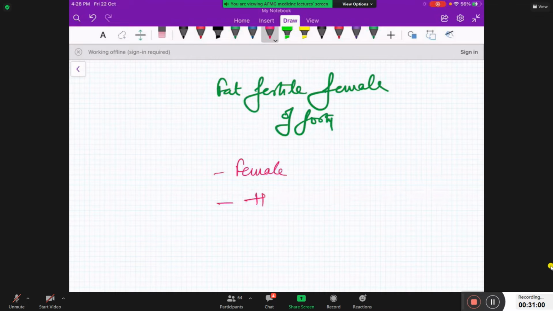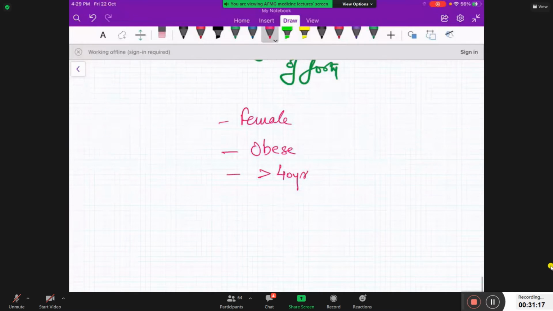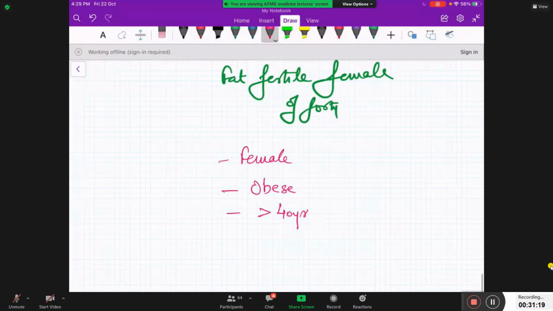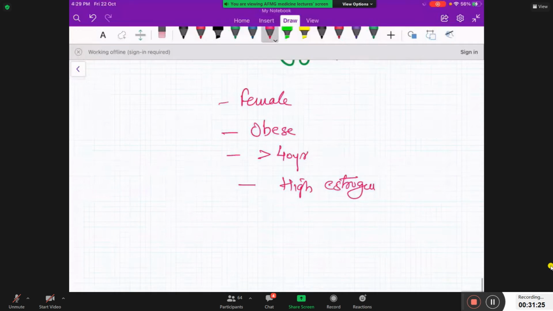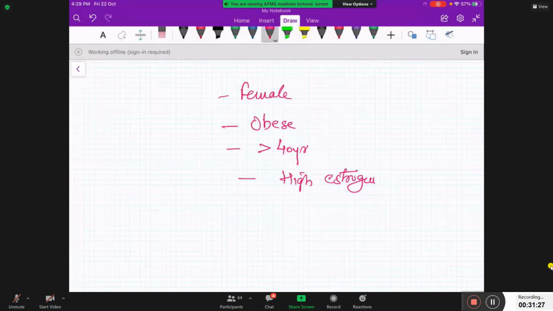If you are fat, obese, you have a risk. If you are above 40 years of age, you have a risk. And if you have a high estrogen level, meaning fertile, you have a risk.